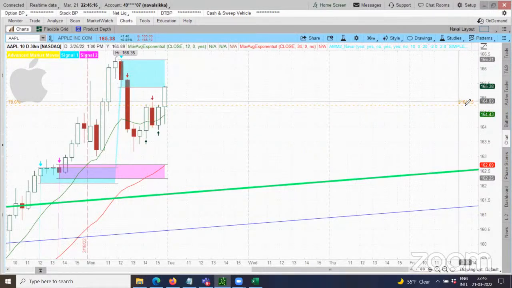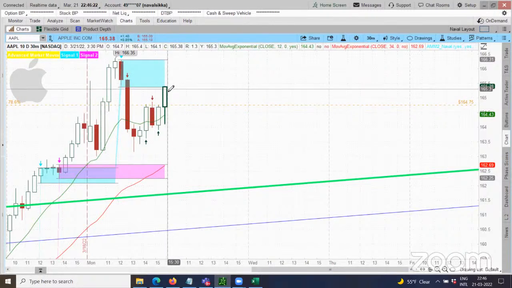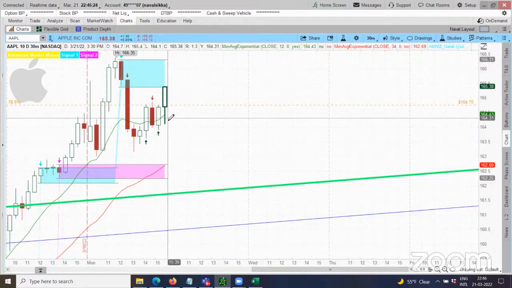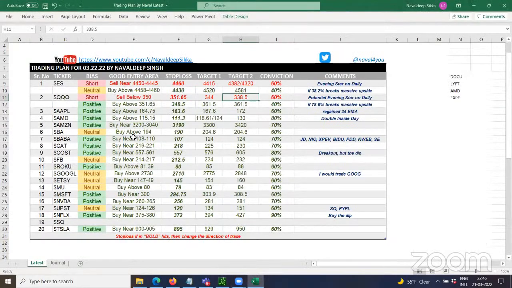Then it was struggling at 164 area. One time, two time, three time. Then it took it as a base and boom, it went up. So now 164.50 is an area where I would love to buy this if it comes around 164.50.